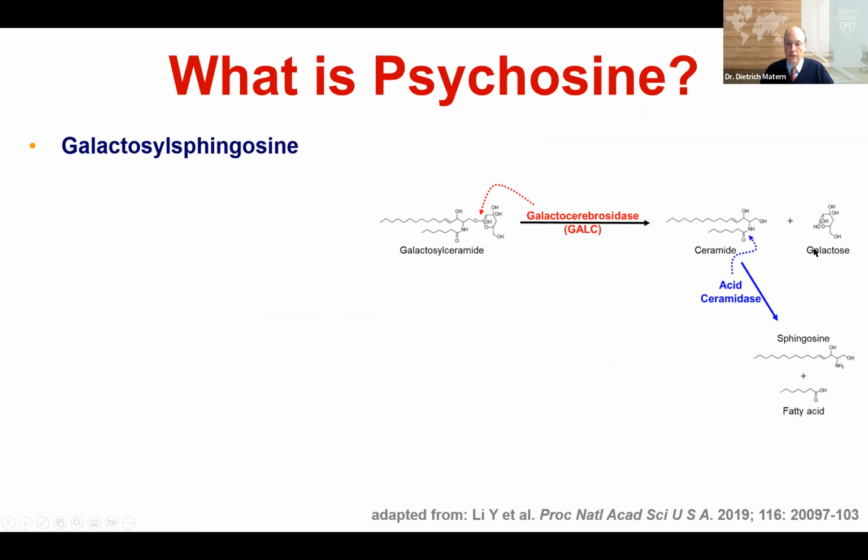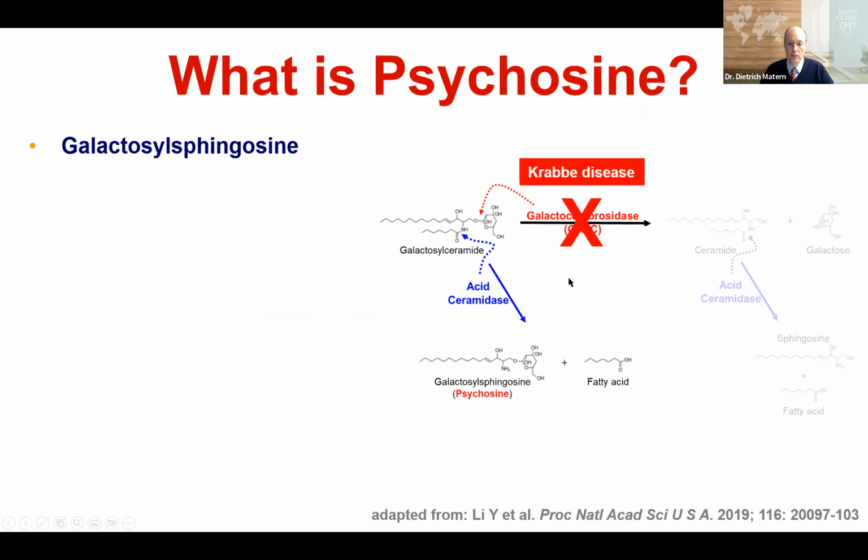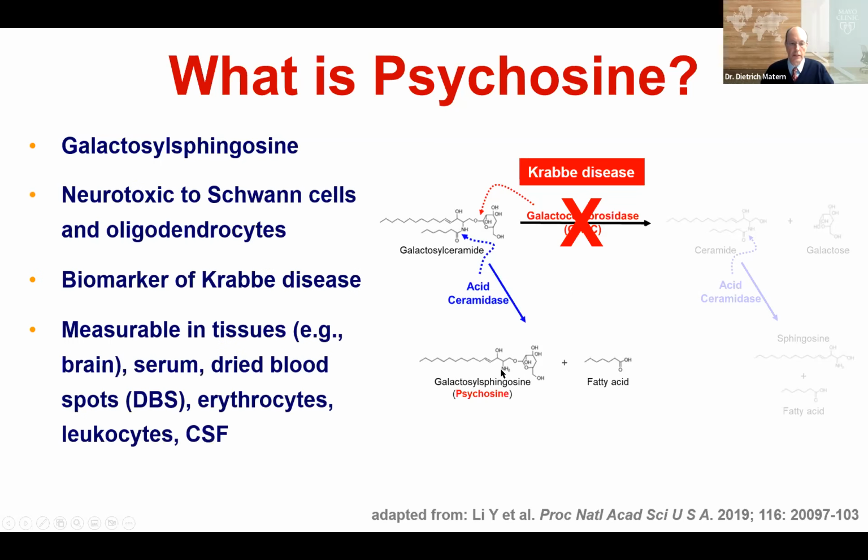And when you have Krabbe disease, this enzyme is deficient, and the acid ceramidase now acts on the galactosyl ceramide and produces galactosyl sphingosine or psychosine. So as you can imagine, you have a block here, and this is produced, this will accumulate.